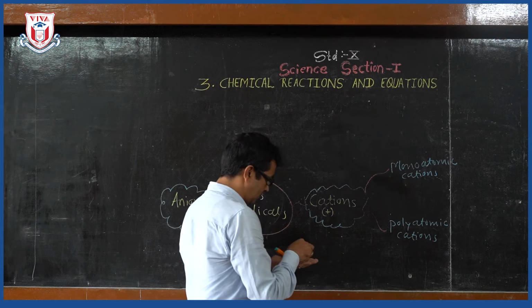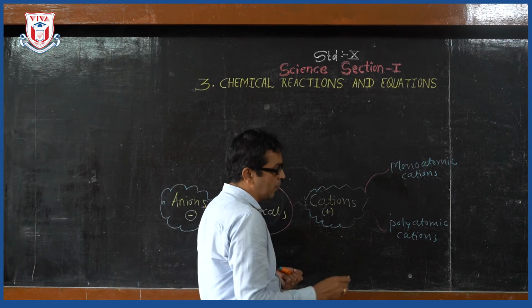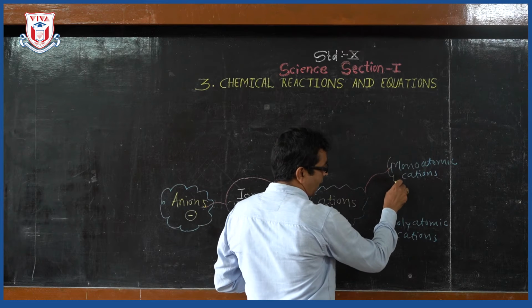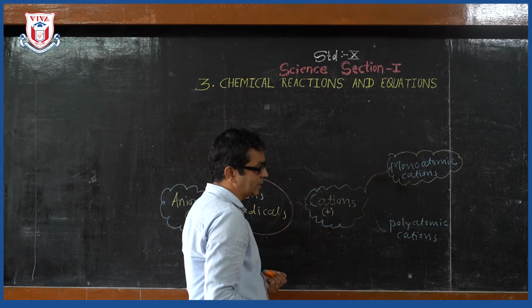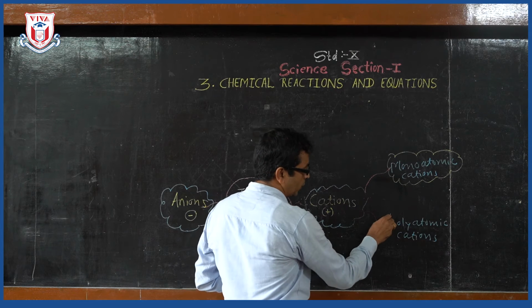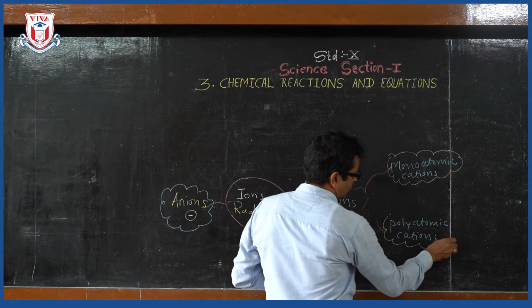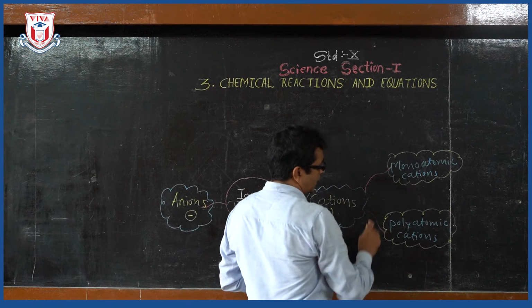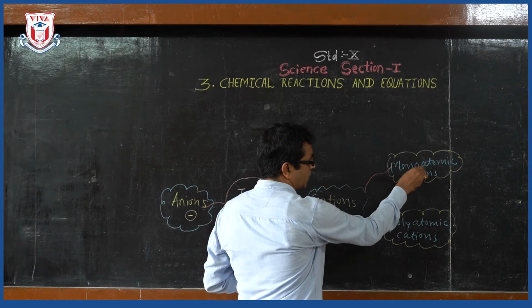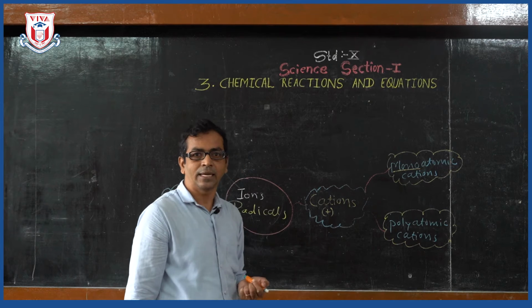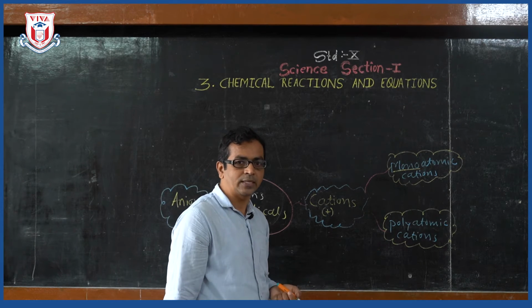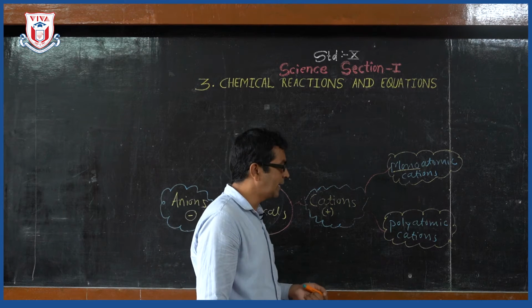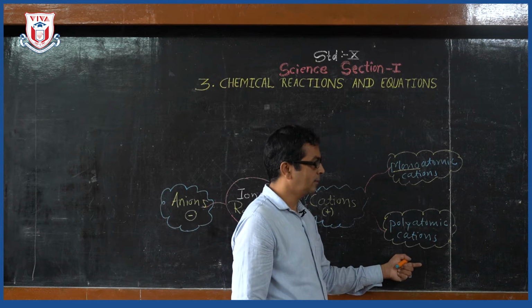Is it clear? If one atom is present, mono means one, that is called monoatomic. If more than one atom is present in the cation, that is called polyatomic.